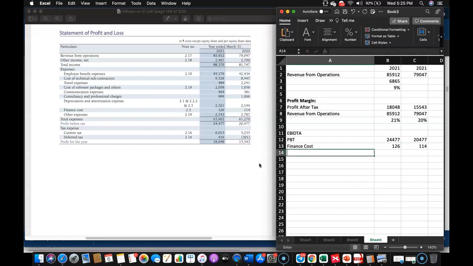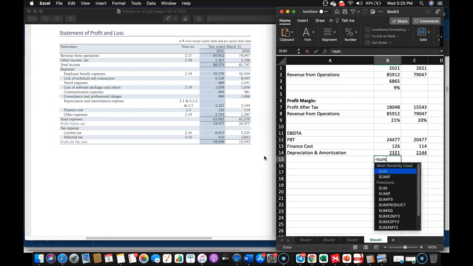Then let us add depreciation and amortization. It is 2,321 and 2,144. Now let's sum them.